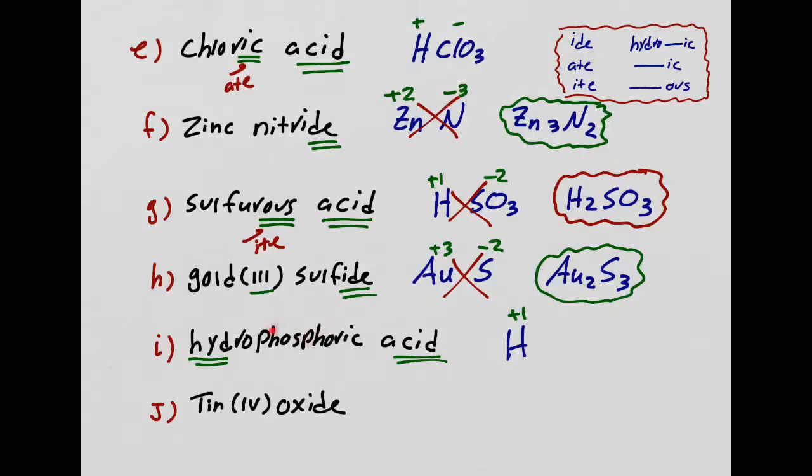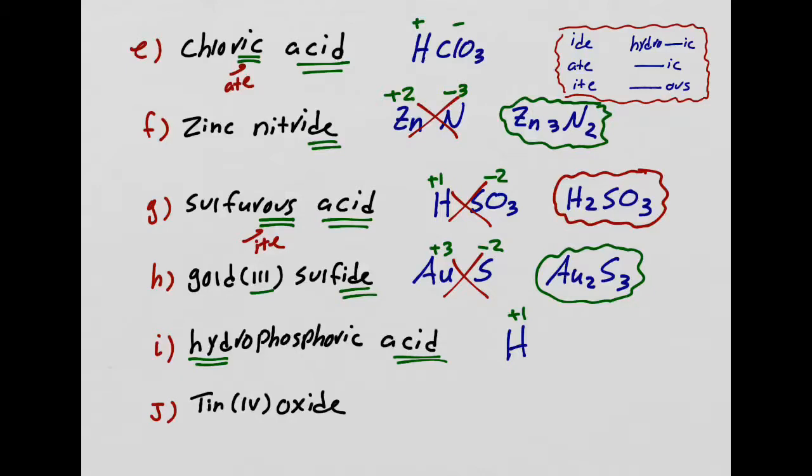This used to be phosphide. So you are a simple ion from the periodic table. Ate and ite, think about polyatomic ion. Ide, think about the periodic table. So hydrophosphoric acid, I'm going to put an H, is hydro. It used to be ide.